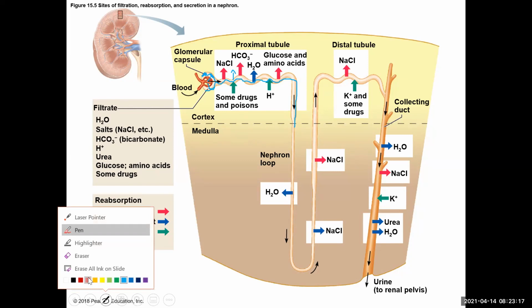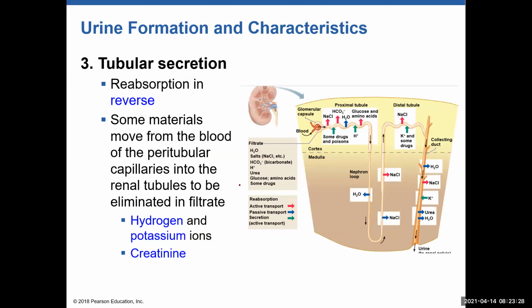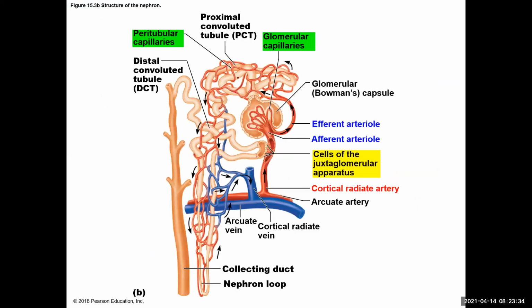We just spoke about the peritubular capillaries, right? I showed you the diagram of the peritubular capillaries. Look at this. So things which we need back will go from the tubule into the blood. This is called reabsorption.